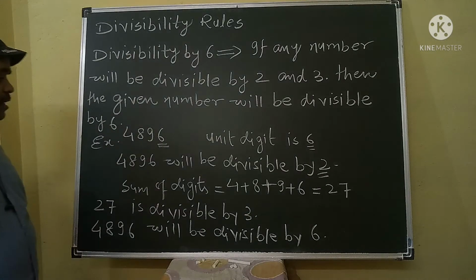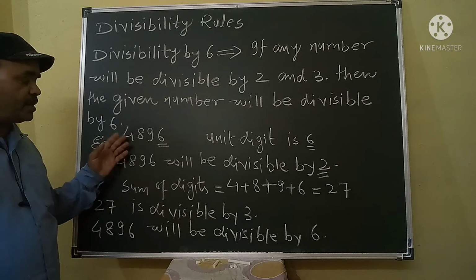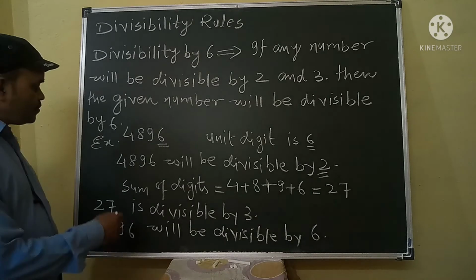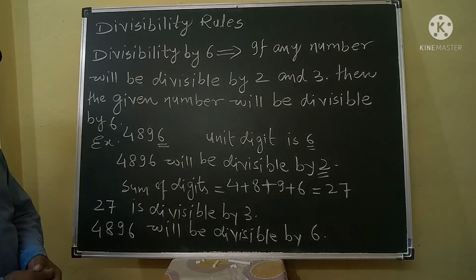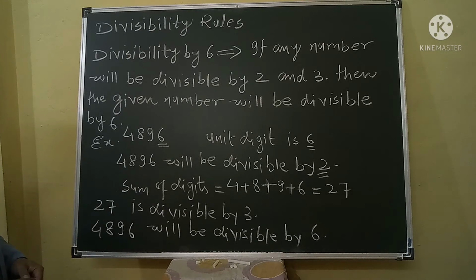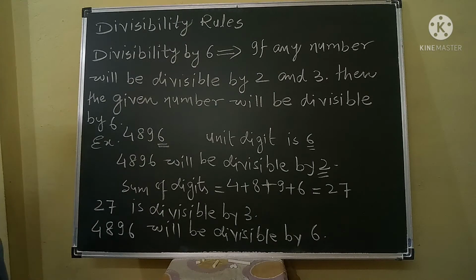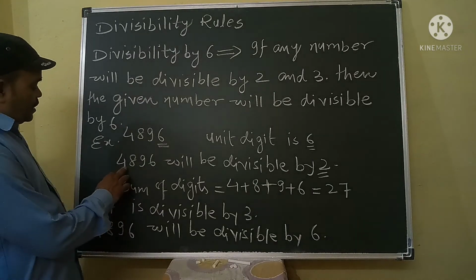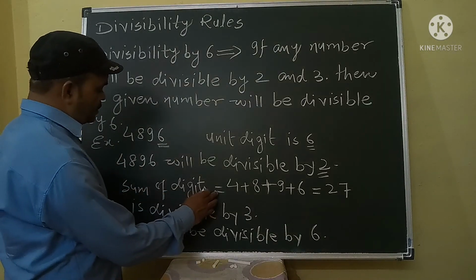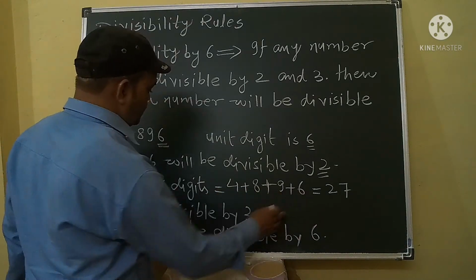Okay. Then after we will check whether 4896 will be divisible by 3 or not. So what we will do? What is the rule for 3? If the sum of the digits is divisible by 3, then the number will be divisible by 3. In 4896, sum of the digits will be 4 plus 8 plus 9 plus 6.